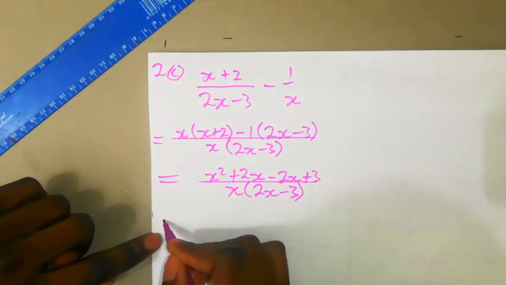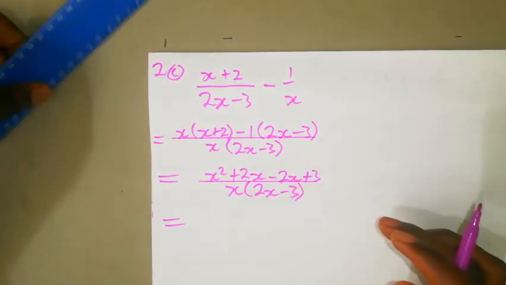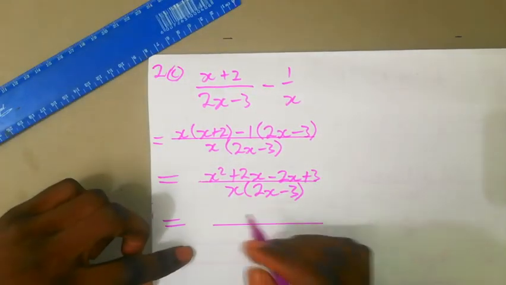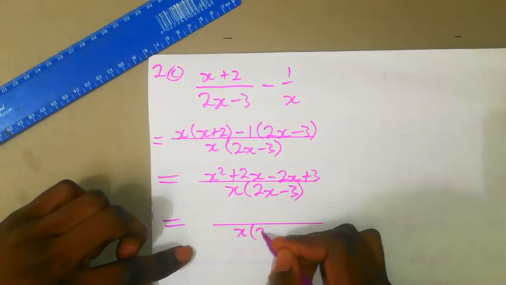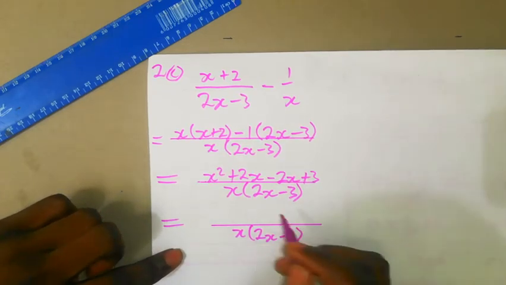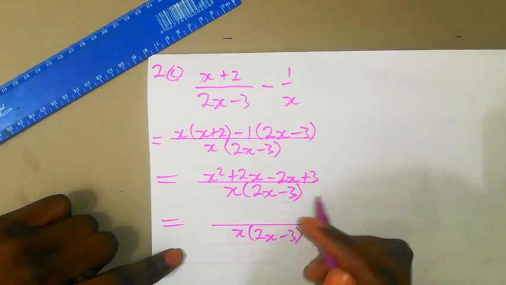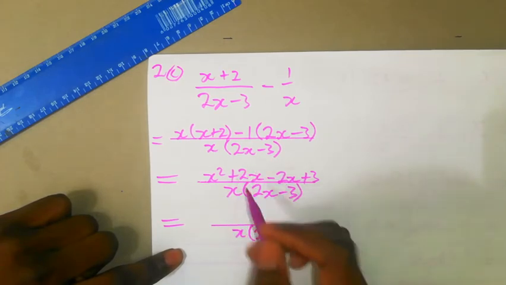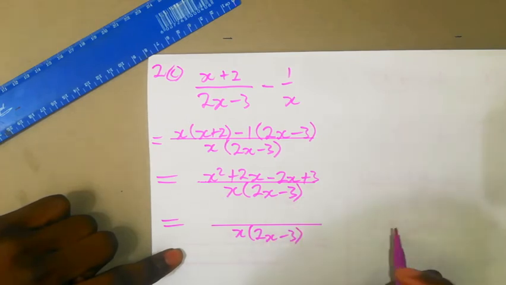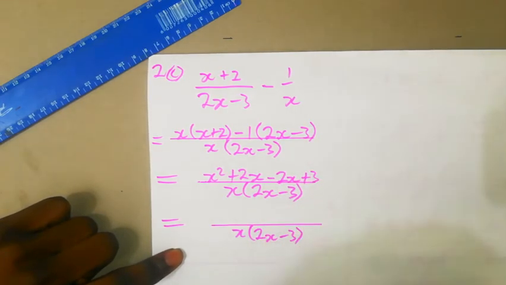Never make a mistake on signs there. So it's now x bracket 2x minus 3 close. My like terms are in between there, so it's not necessary for me to say I want to collect like terms. I already have my like terms. So this is my final answer.